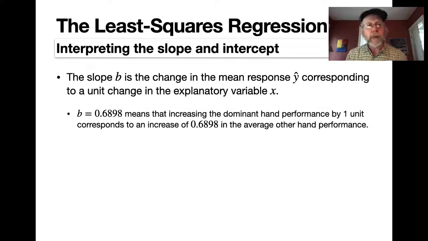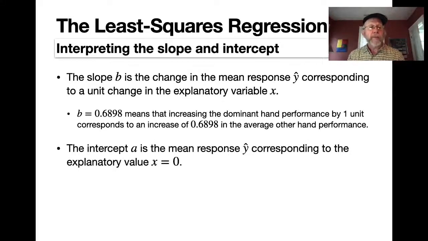So for instance, in our dominant hand data, b equals 0.6898 means that increasing the dominant hand performance by 1 unit, that would mean increasing x by 1 unit, corresponds to an increase of 0.6898 in the average performance of the other hand.